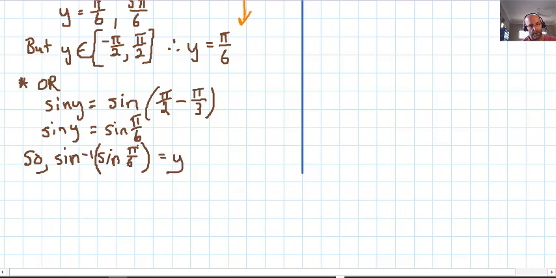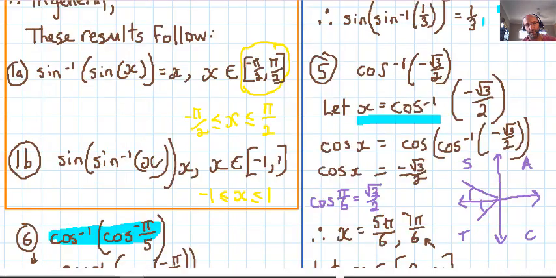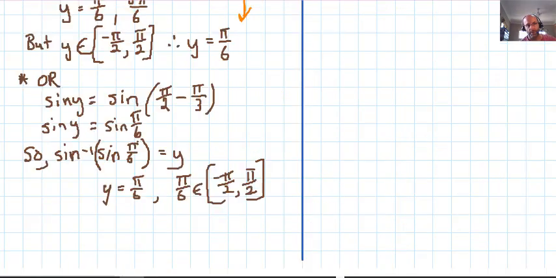That equals y. And that's definition or result 1a: inverse sine of sine x equals x, provided x is between negative pi on 2 and pi on 2. And we're certainly in that domain. So the answer is pi on 6.